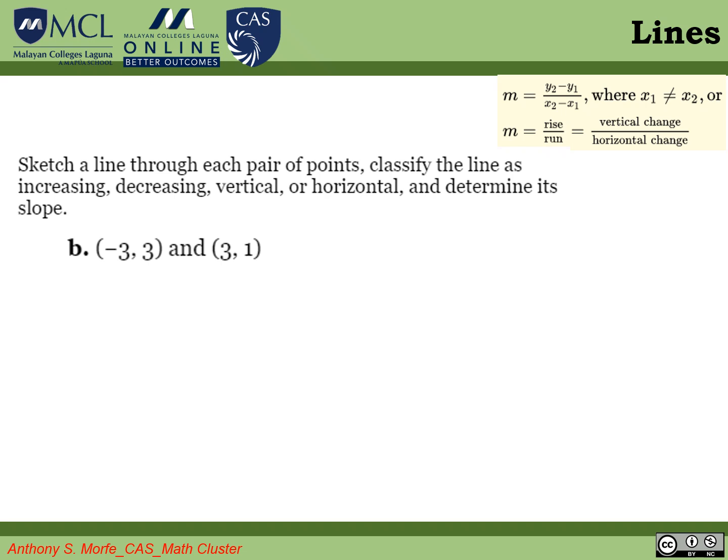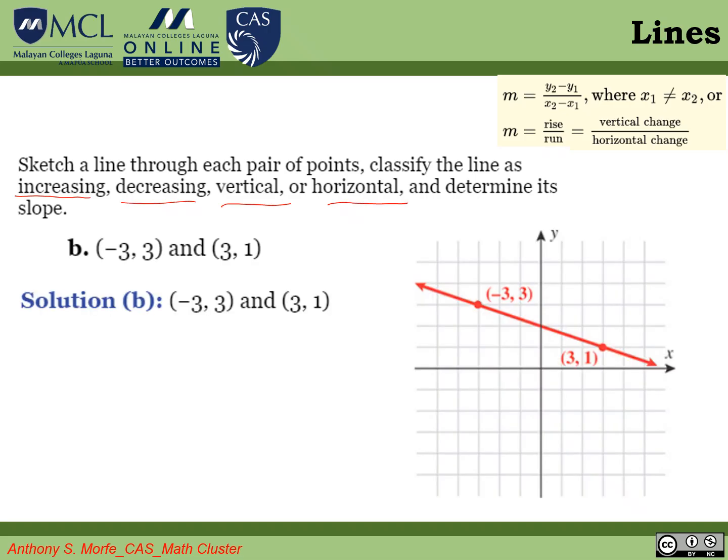Again, we're given points. We plot these points, and then we find out if it's increasing, decreasing, vertical, or horizontal. After plotting the points and connecting the points, we get this line.